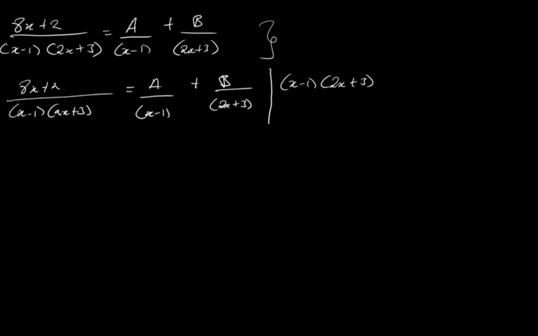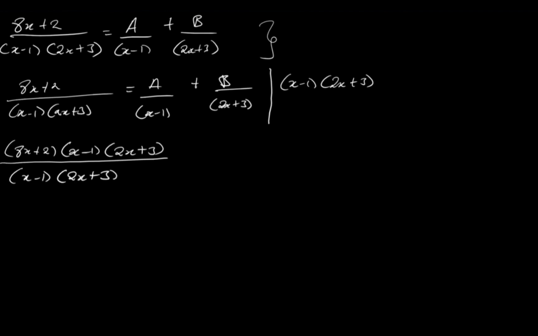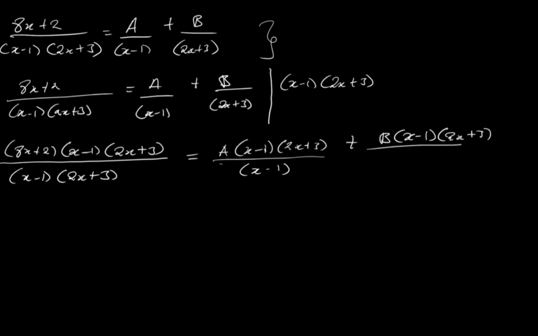If you multiply everything, you will have 8x plus 2 in brackets times x minus 1 times 2x plus 3, all of this over x minus 1, 2x plus 3, is equal to a multiplying x minus 1 times 2x plus 3 over x minus 1, plus b times x minus 1 times 2x plus 3, all of this over 2x plus 3.